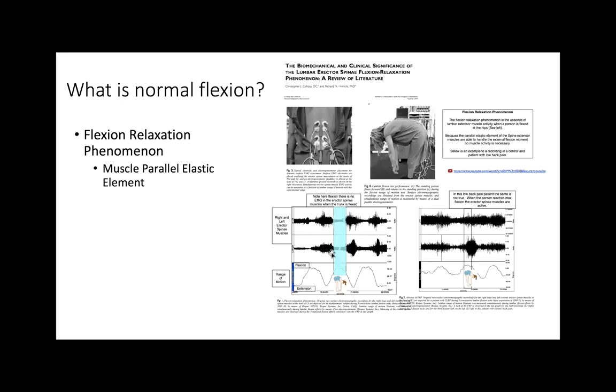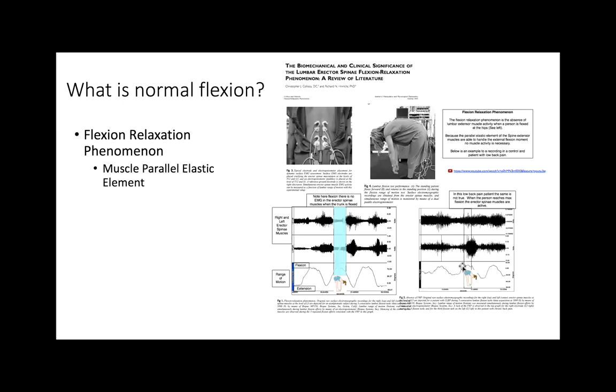And here's a control participant in this particular study, and you can see the EMG bursts associated with the transition periods, and then the silence, or relatively low EMG, when they're flexed, and that's repeatable.